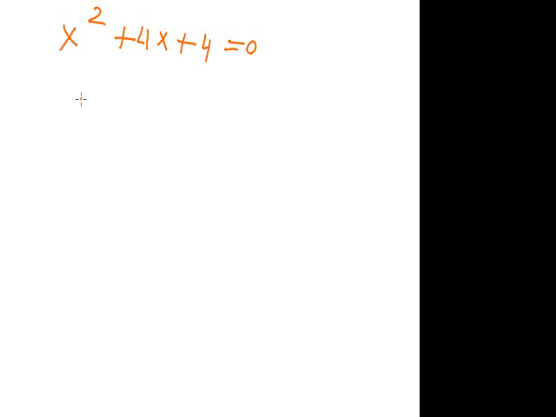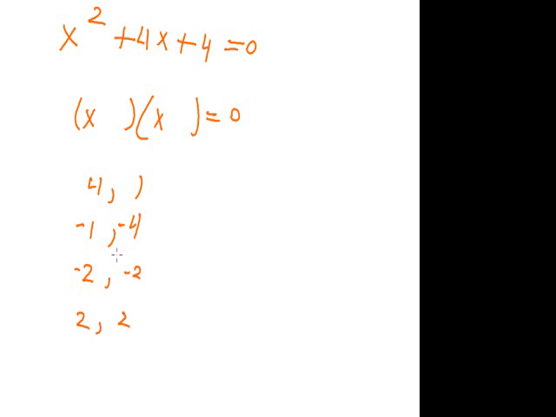Let's do exactly what we did before. We know this first term is x squared, so the only things that can give us x squared are x and x. What gives us positive 4 when multiplied together? Well, that's 4, 1, negative 1, negative 4, negative 2, negative 2, and 2, 2.